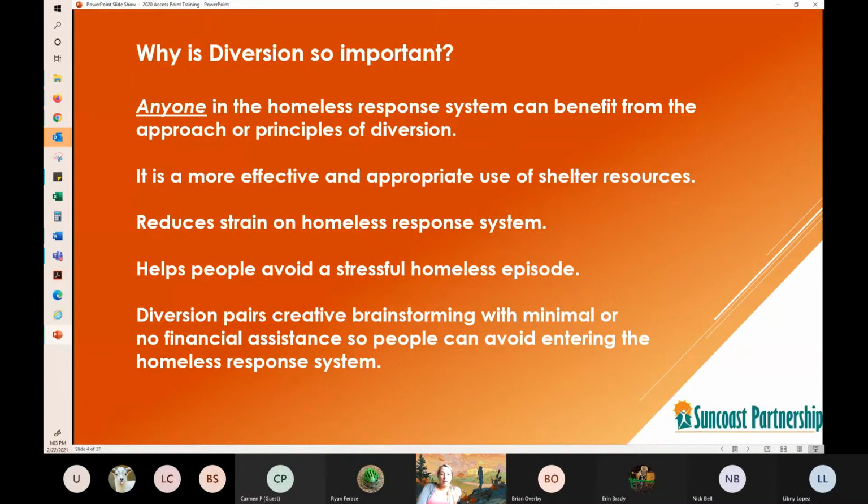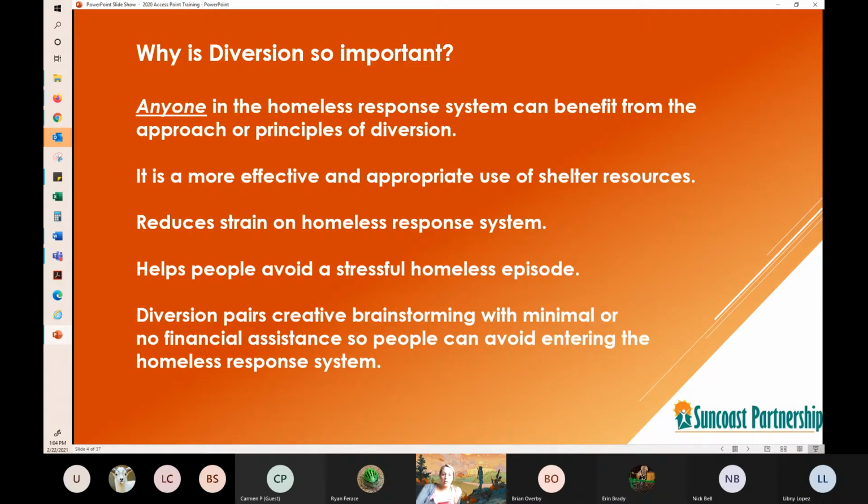It can help people avoid a very stressful homeless episode. And with diversion, the idea is to pair creative brainstorming with minimal or no financial assistance so people can avoid entering the homeless response system entirely. So when we're talking about anyone in the homeless response system can do diversion, we mean anyone. We should all be having this conversation.